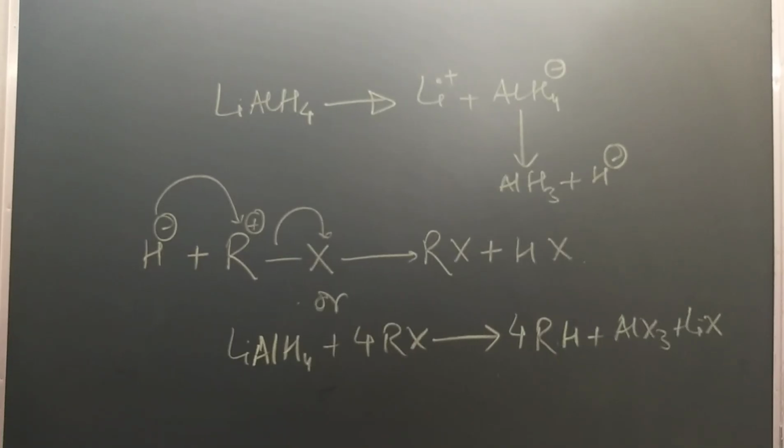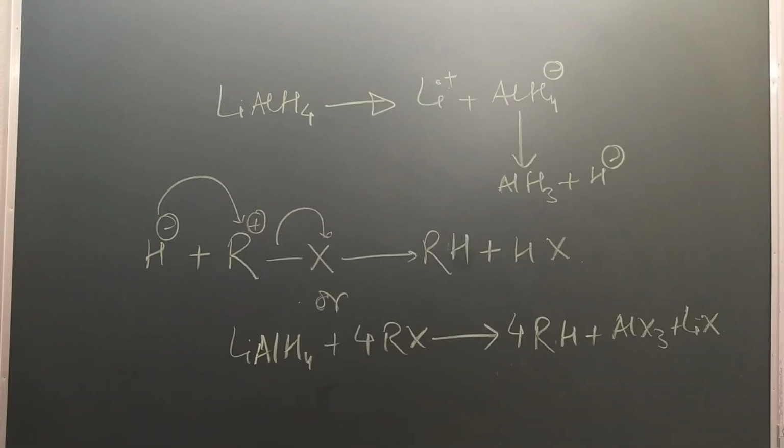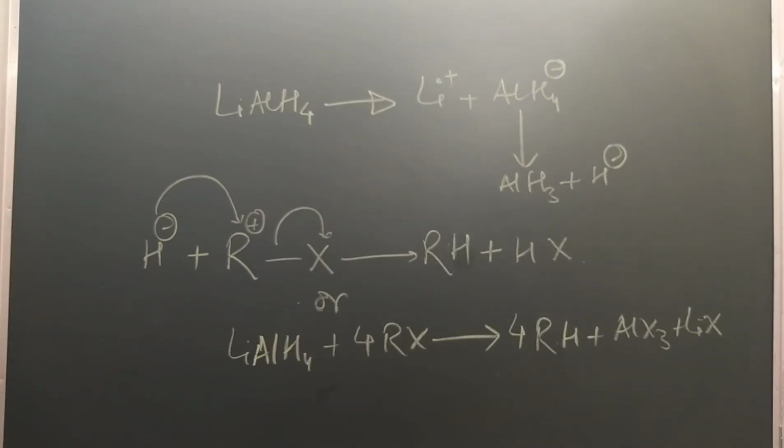Now lithium aluminum hydride gives lithium ion and aluminum tetrahydridoaluminate ion, which gives aluminum trihydride and hydride ion. This hydride ion attacks the positively charged carbon, and that forms RH, alkane, and HX. In the total reaction, lithium aluminum hydride reacts with 4 moles of alkyl halide to form 4 moles of alkane plus aluminum trihalide plus lithium halide.